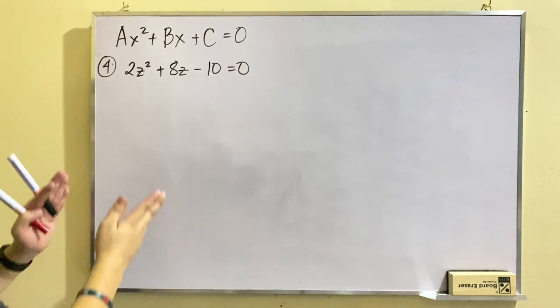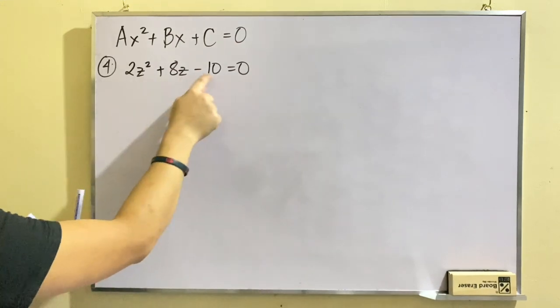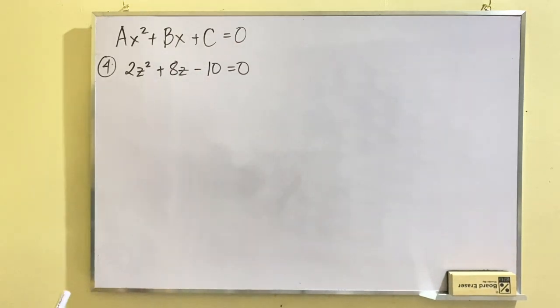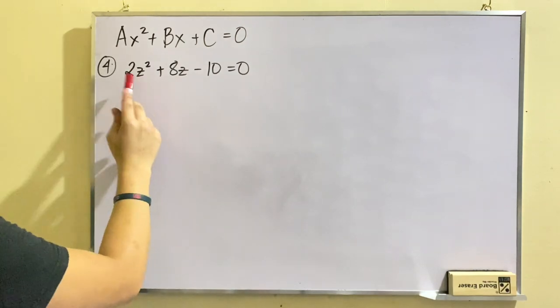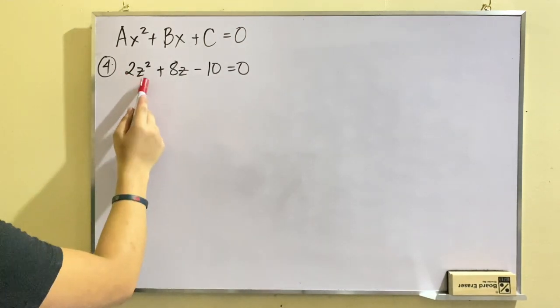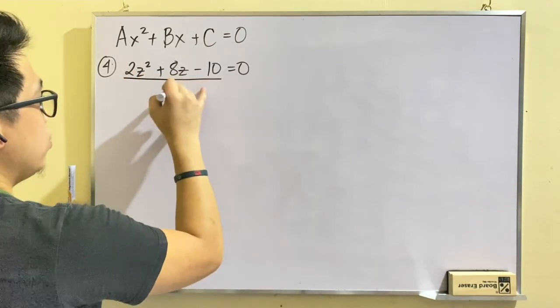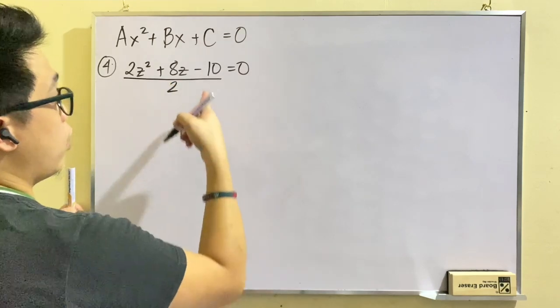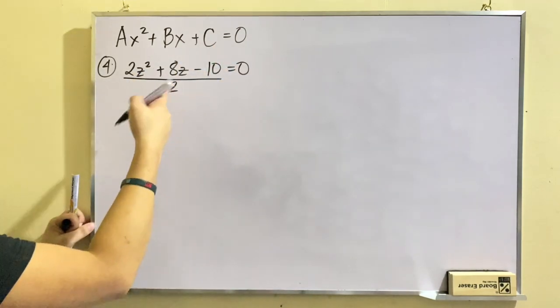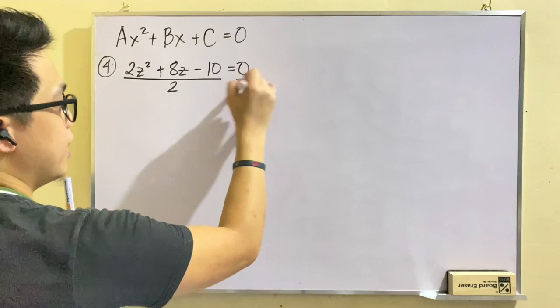Pero, kung makikita nyo sa a, b, and c, all of them are divisible by 2. So, para mawala yung 2 sa ating z squared, ang gagawin natin, i-divide natin ang whole equation sa 2. Kung anong ginawa sa kabila or sa left side, kailangan gawin din natin sa right side.